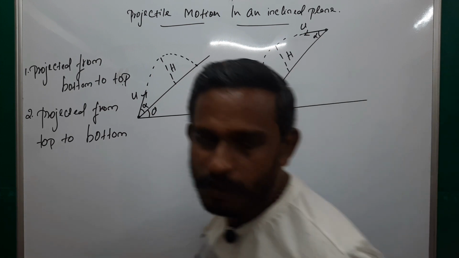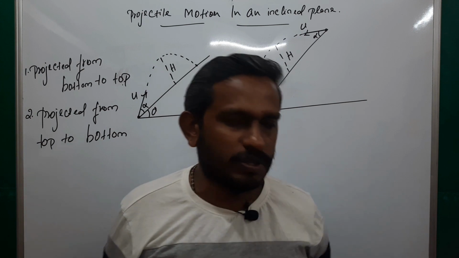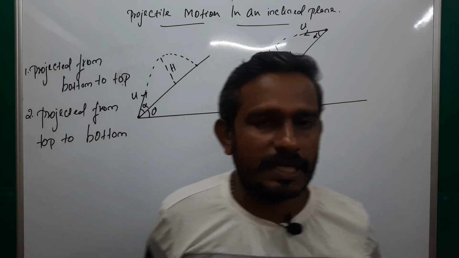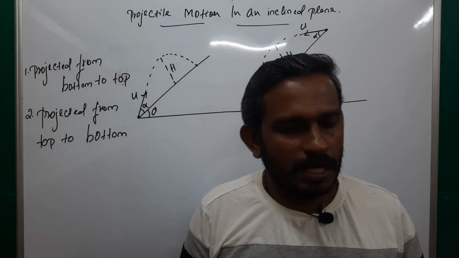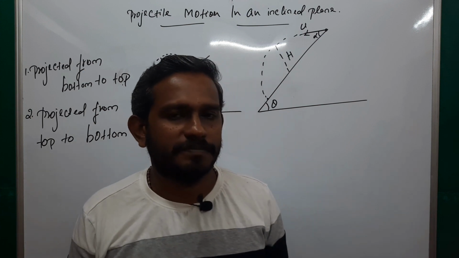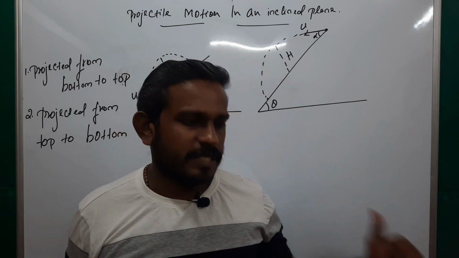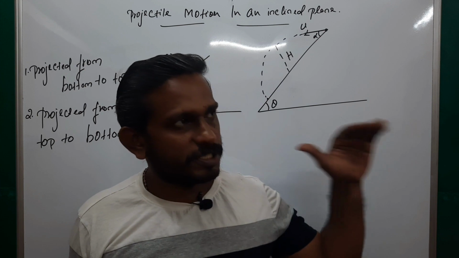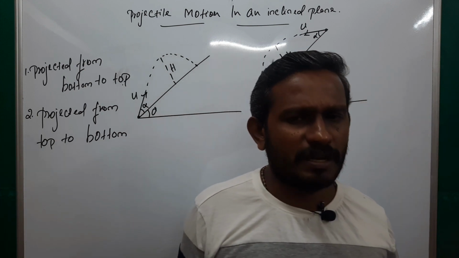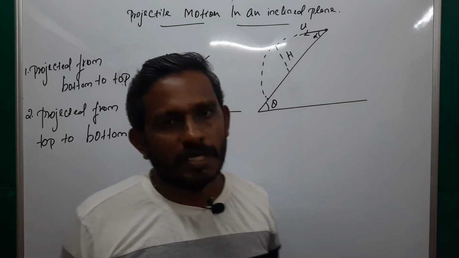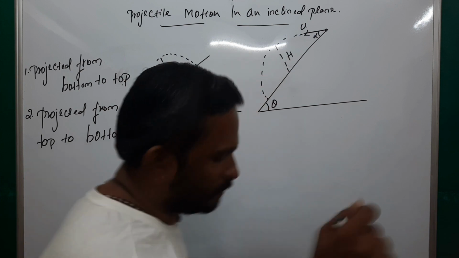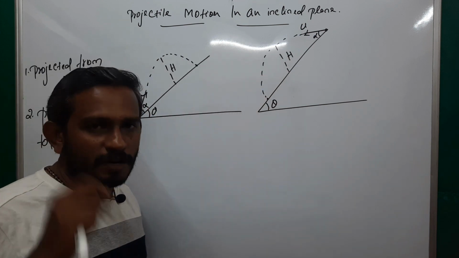So first of all, before coming to projectile motion on an inclined plane, you should learn the basics of projectile motion, that is horizontal projection and projection from a certain height. That is the fundamental basics of projectile motion. You should learn them from physics 2020, where I have posted the video.